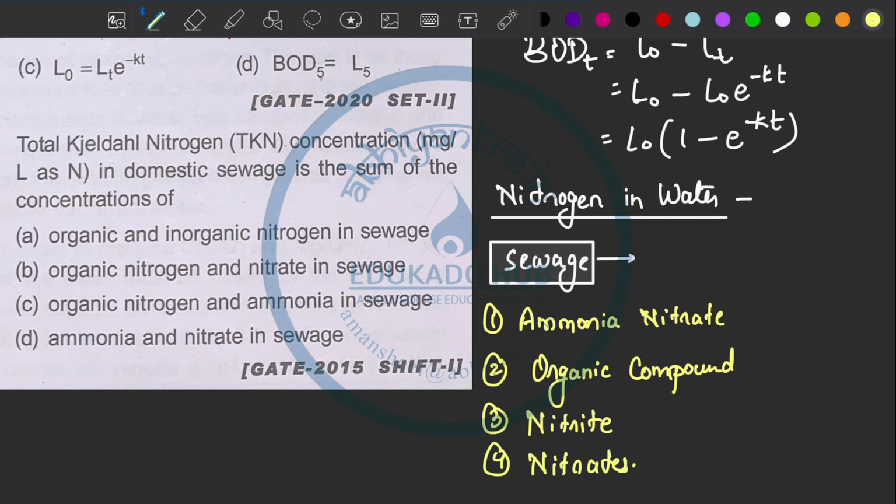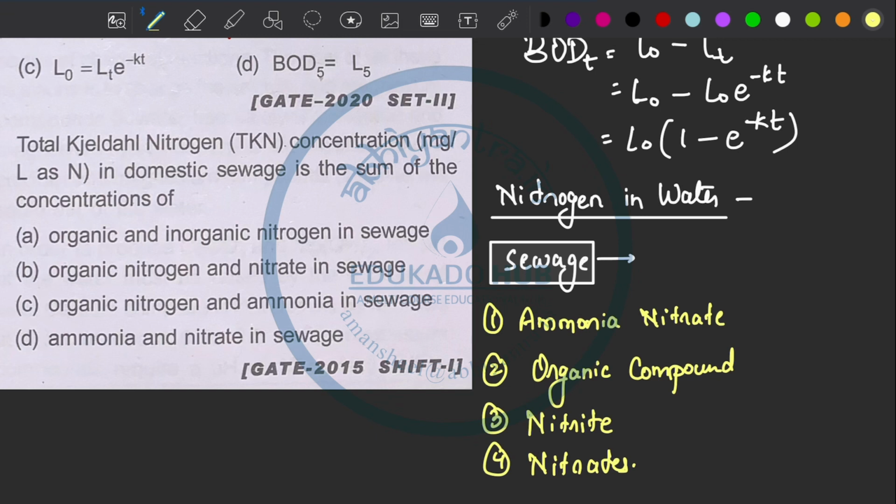Right? So these are the four compounds that we trace whenever there is organic contamination. Now, what is total Kjeldahl nitrogen?